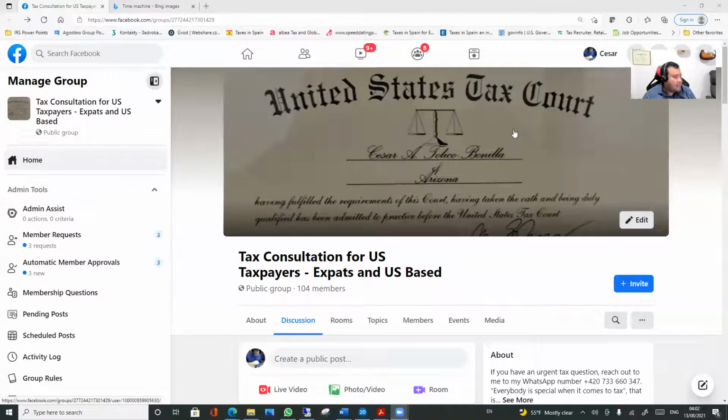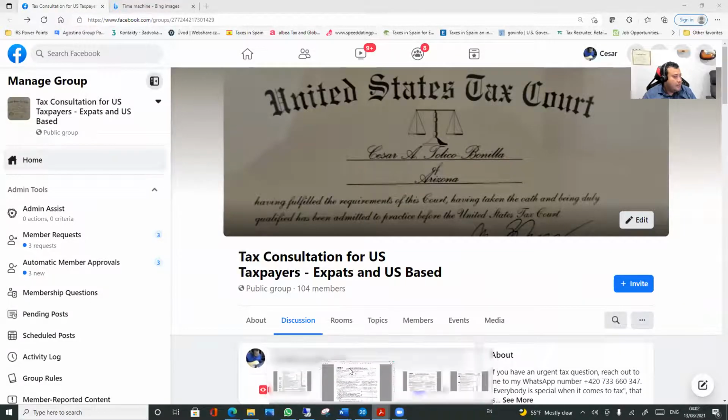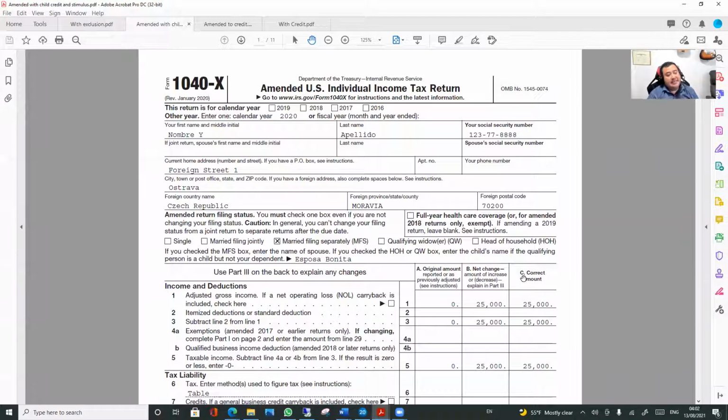Today I will be talking about the IRS time machine, Form 1040X, which is used to correct past mistakes. Let's say that you forgot to include income from your side activity.